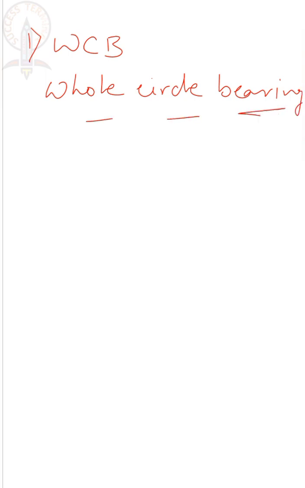Clear? What do you mean by whole circle bearing? When we measure an angle and the value of the measurement lies between 0 and 360 degrees, we consider the bearing as whole circle bearing.